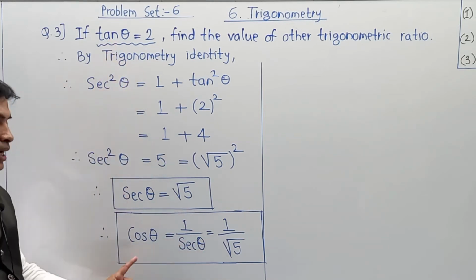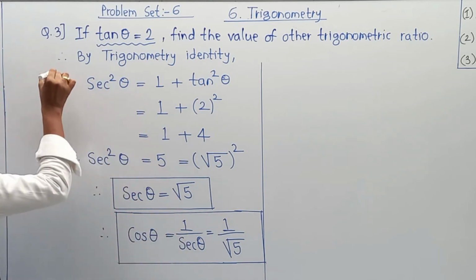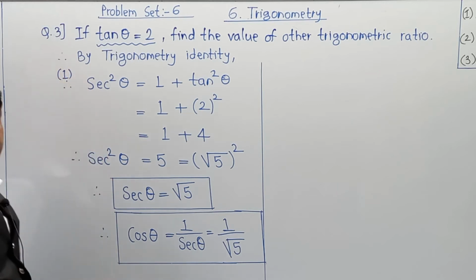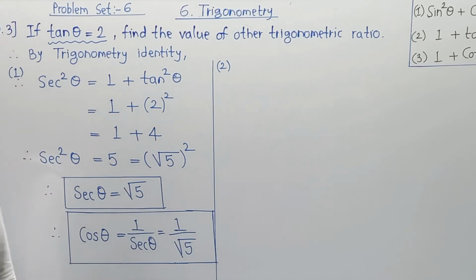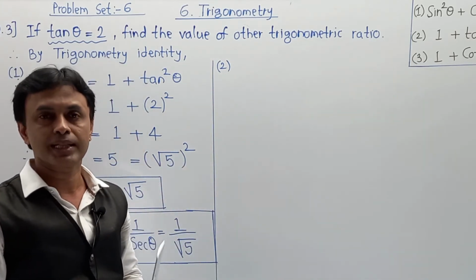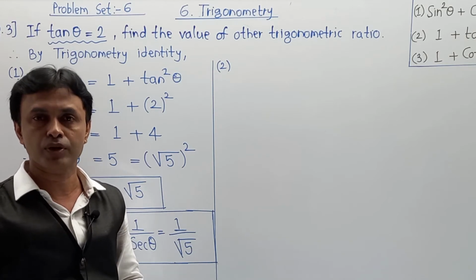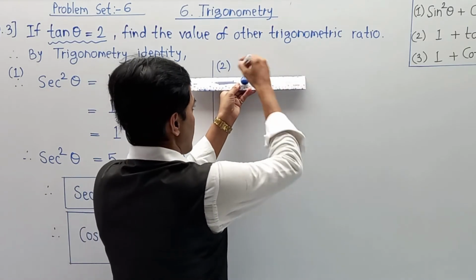With the help of tan and cos, I can find the remaining value, sin theta. How? Pay attention. Here, as we have solved it, I am going to give it as number 1 and next part, number 2. There is also one identity that we know, which is not actually a fundamental identity, but one property. That property is sin theta upon cos theta is equal to tan theta. Now I am going to use that part. Why? Please pay attention.